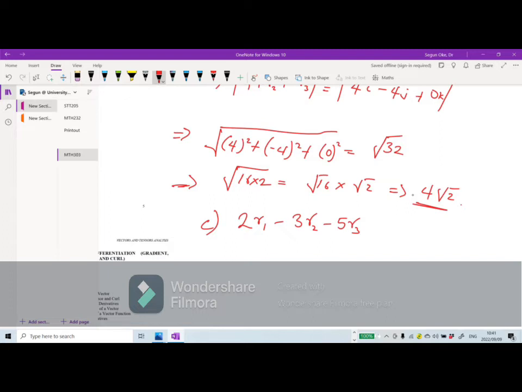I can do it this way: 2 in bracket, my R1 is 3i minus 2j plus k, minus 3 in bracket, 2i minus 4j minus 3k.